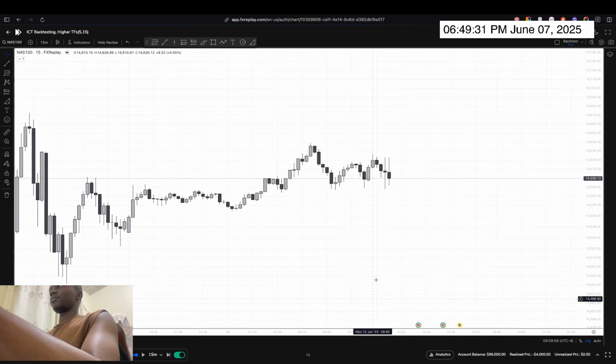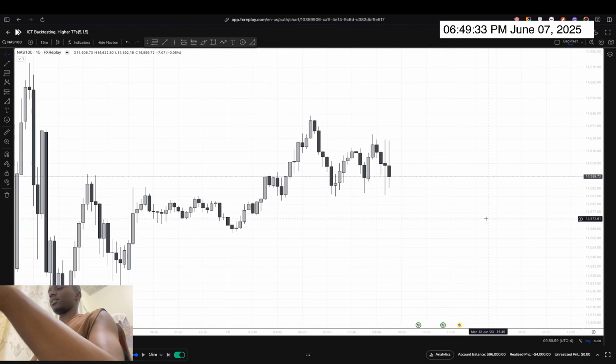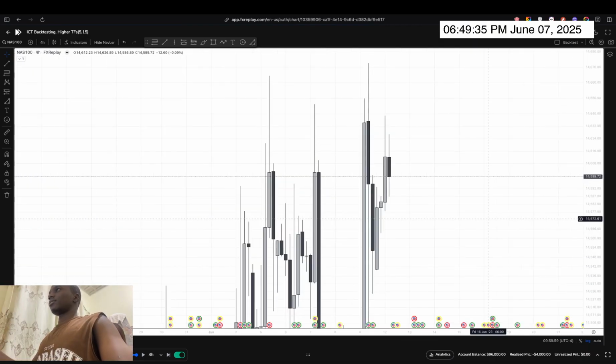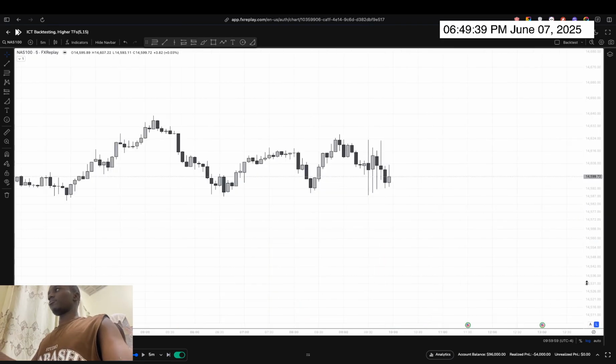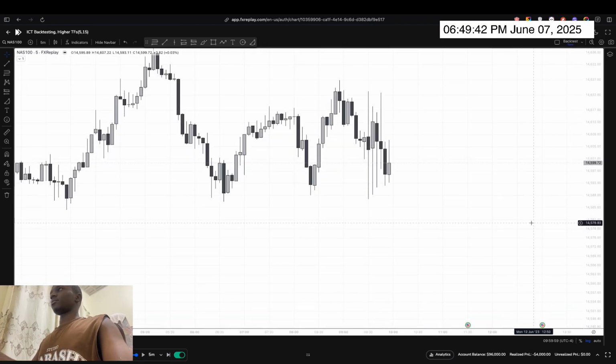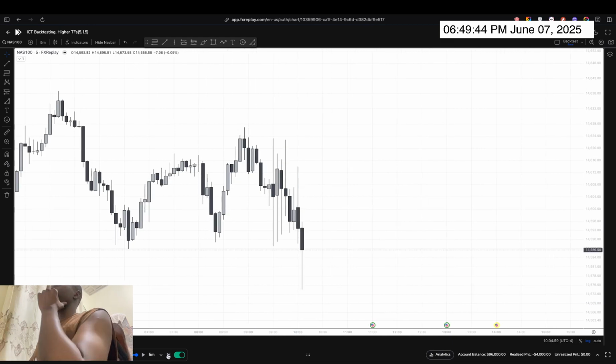So what does the high time frame look like? We're accumulating a bit, it's bearish a bit, and go to 5 minute time frame and see if we can get some entries there.